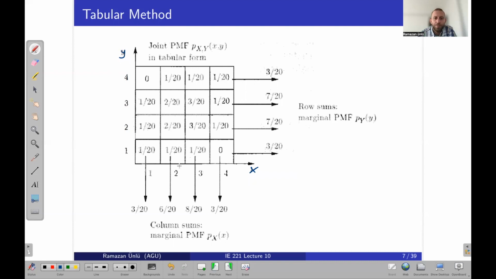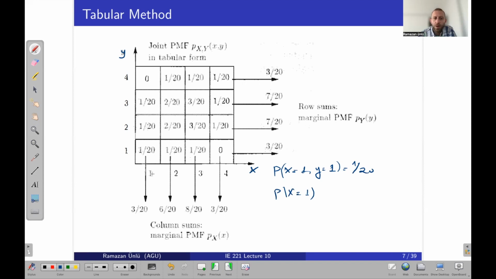These are the corresponding probabilities. What I mean is, the probability of x equal to 1 and y equal to 1 is 1 over 20, at the intersection of these two values. Let's say I want to calculate the probability of x equal to 1.